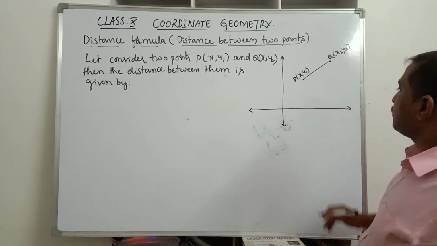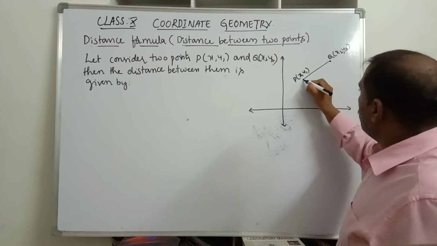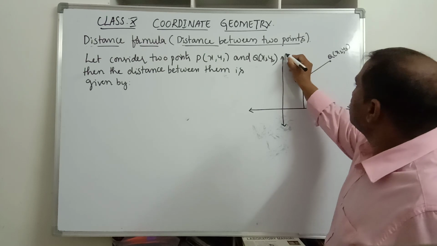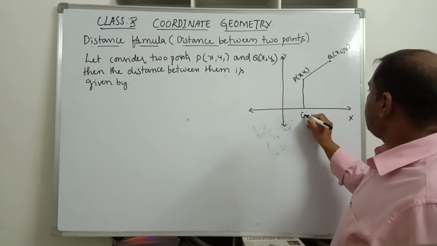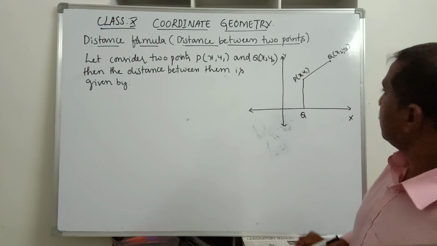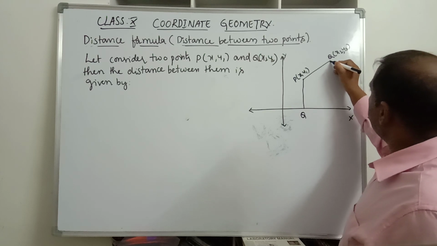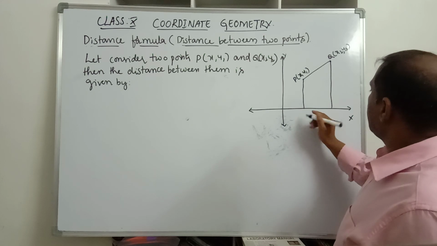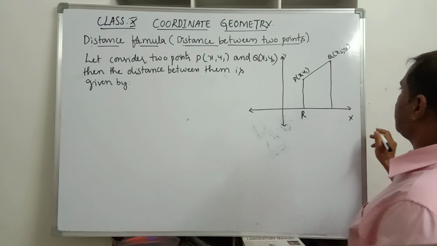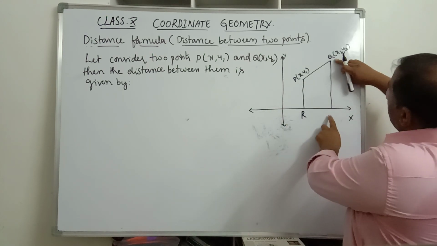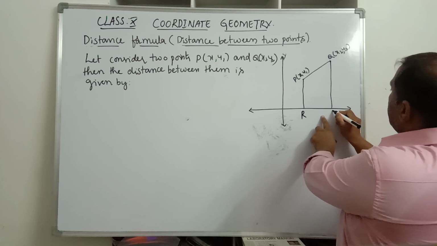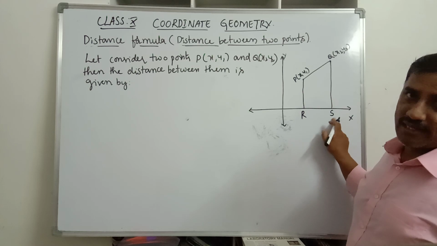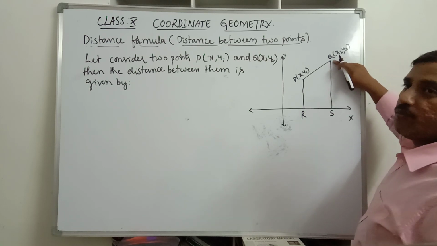How do we find it? Here, this is the x-axis and this is the y-axis. From point P draw PR perpendicular to the x-axis, and from point Q draw a perpendicular, that is QS perpendicular to the x-axis at point S.